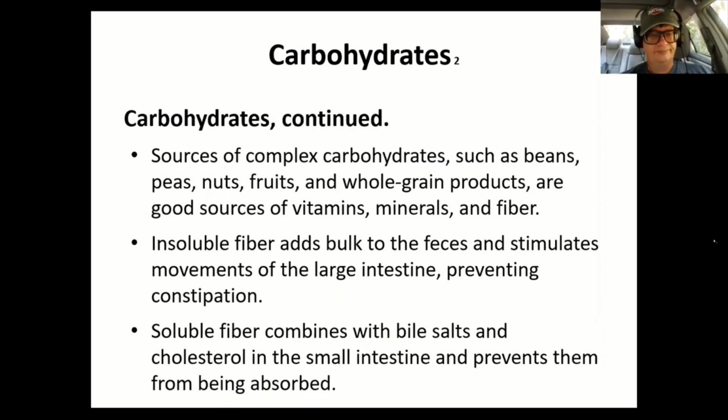So complex carbs, things that need to be broken down, the legumes, the nuts, whole grains, those are also sources of vitamins, minerals, fiber, not just sources of carbohydrates. The insoluble fiber, stuff that can't dissolve in water, adds bulk to your poop and stimulates the movement of the large intestine, preventing constipation.